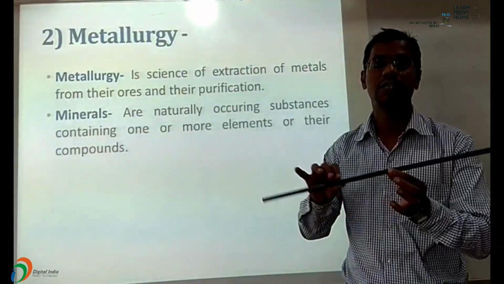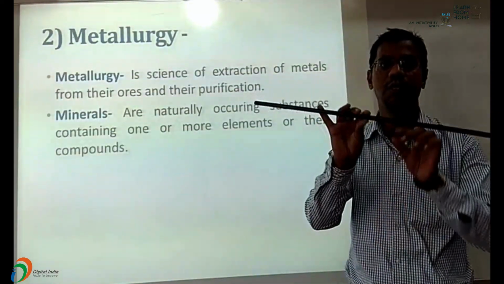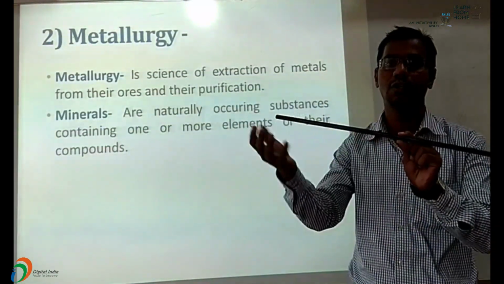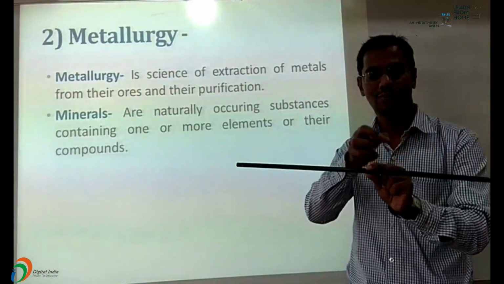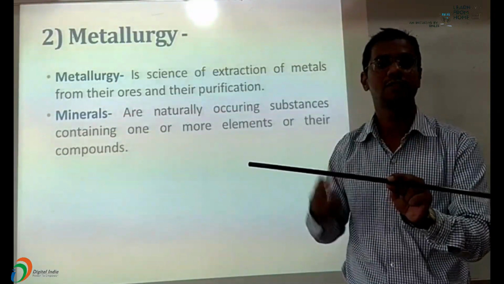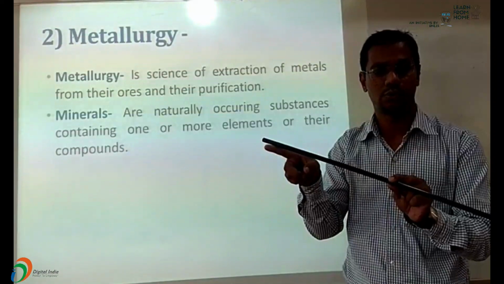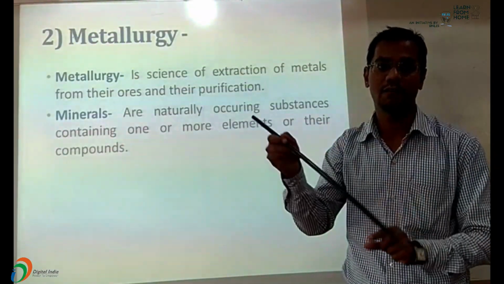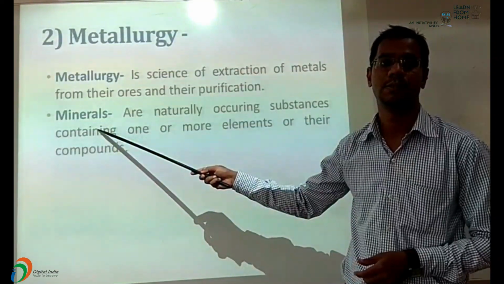Suppose this is a single component, but it is not in one single form; other forms are also linked with it. When I want to isolate or extract metals from this, it is called ore. And when they are found in mines, we call them minerals.